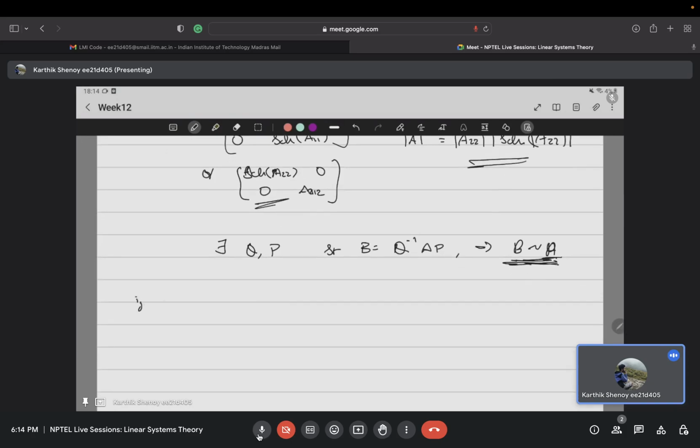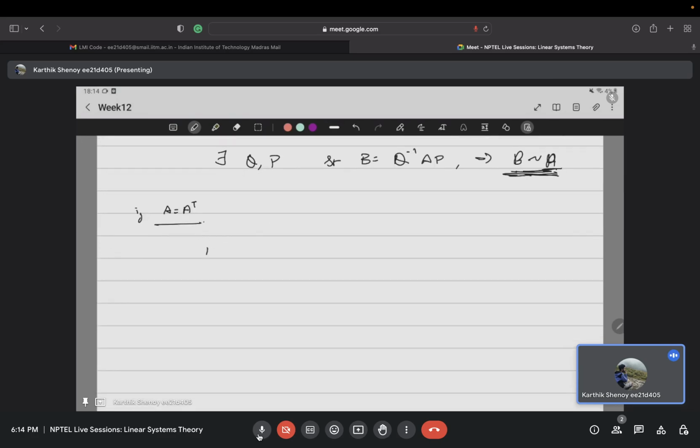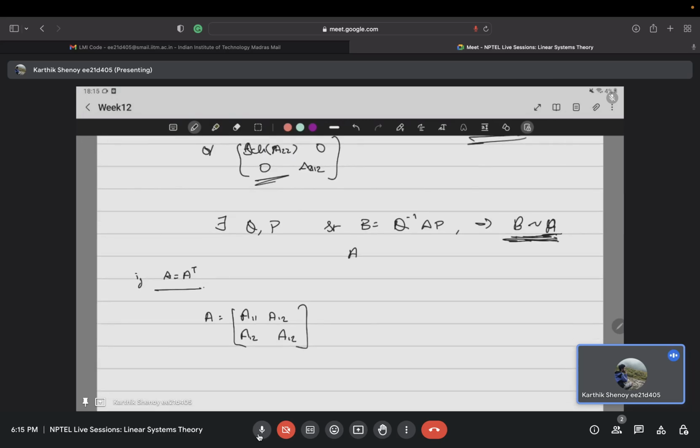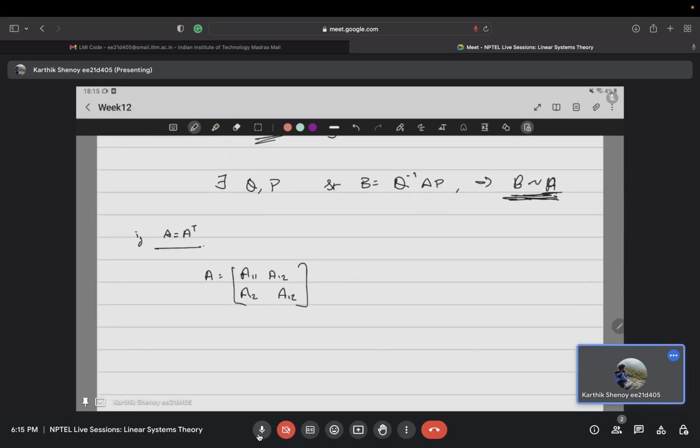Now, suppose a special case when A is equal to A transpose. Then the block matrix will also be symmetric, that is A11, A12, A12, A22. So, this is a symmetric block matrix, and if they are equivalent, we can write that if A is negative definite, this implies A11 is negative definite and Schur of A11 is also negative definite.